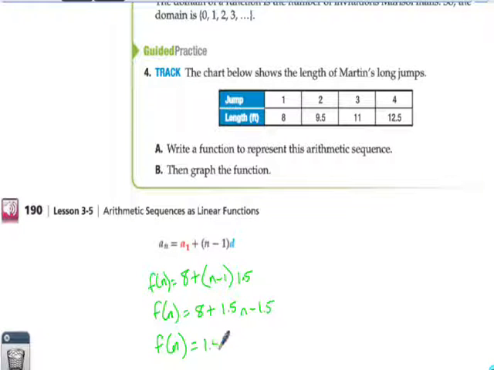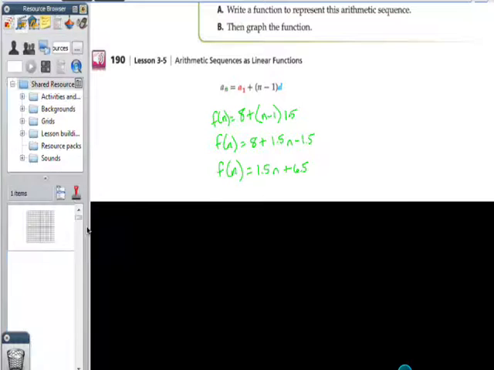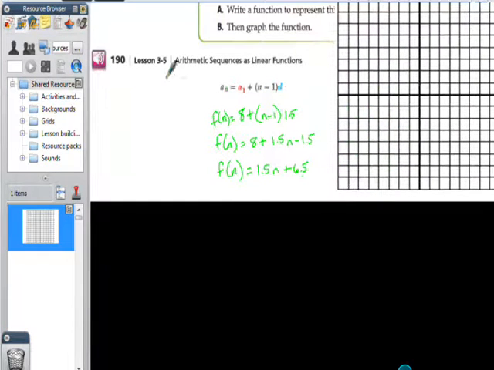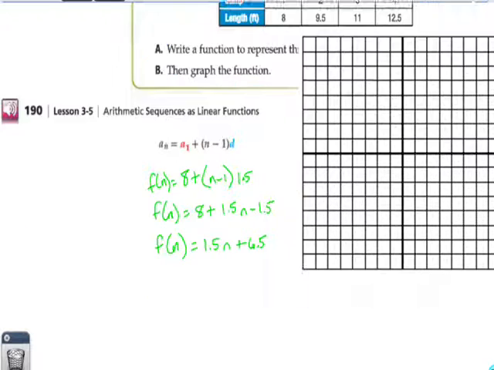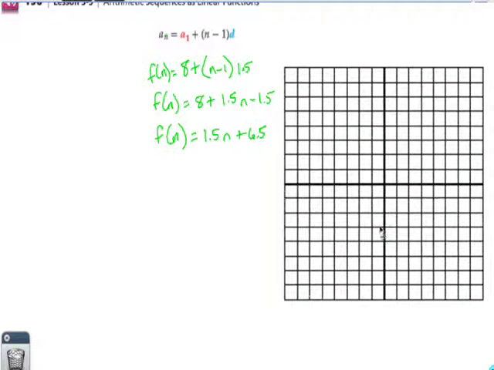This is 1.5n plus 6.5. And then if we wanted to put this on a graph, let's go in here real quick. Okay, so say we want to graph this. We would graph it the same way we would graph a line.